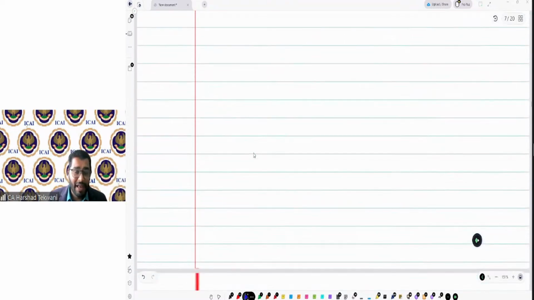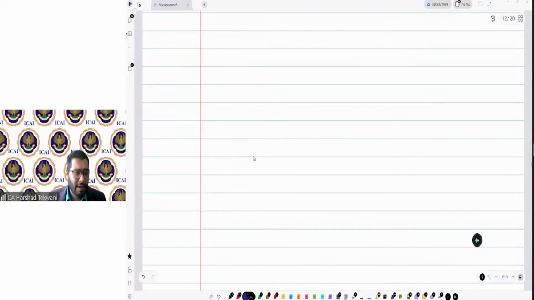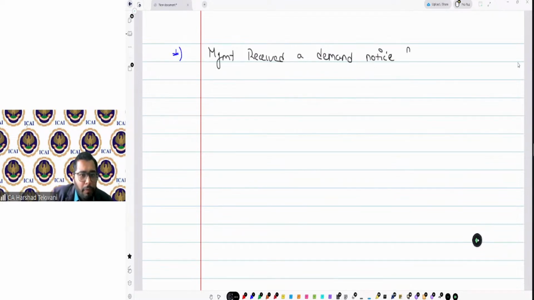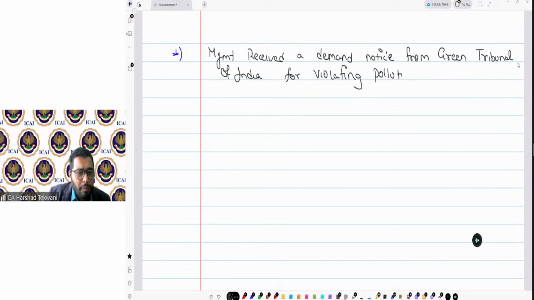If I change the question and ask with an example, let's say management received a demand notice from the Green Tribunal of India for violating pollution norms, and that was never disclosed to auditors or to you.